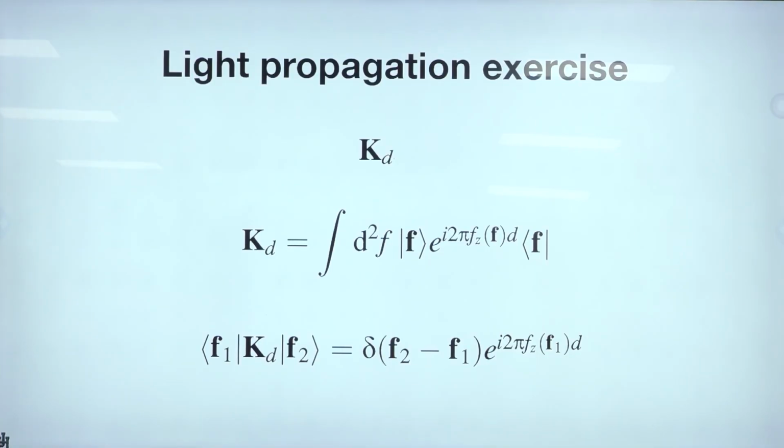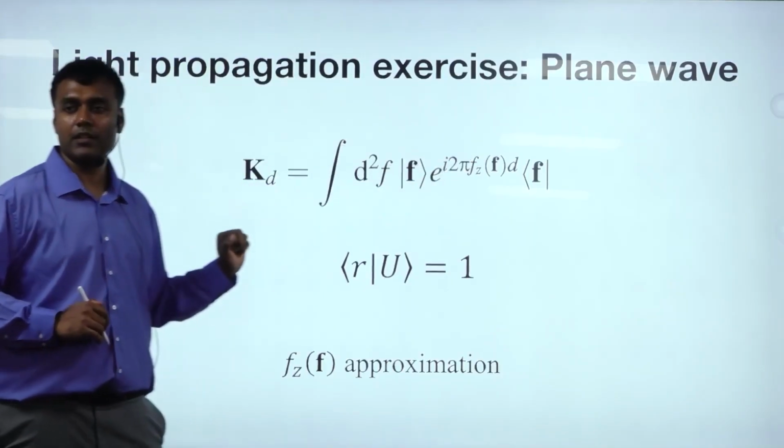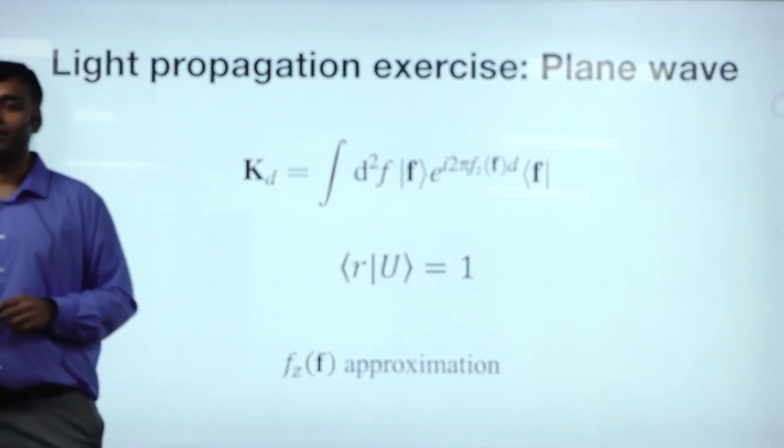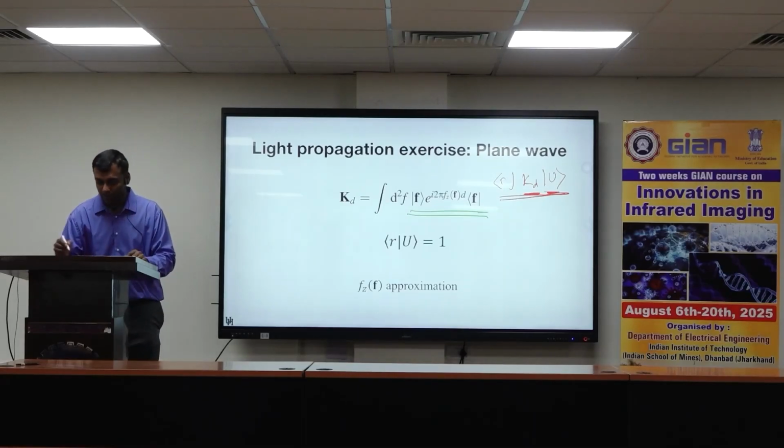So this is where I wanted to give you an exercise to do as a part of this tutorial. I want you to figure out the light propagation. Take this light propagation operator and, if you have a simple plane wave incident at one plane, perpendicular to the z axis, propagated by a distance d, work out what happens.